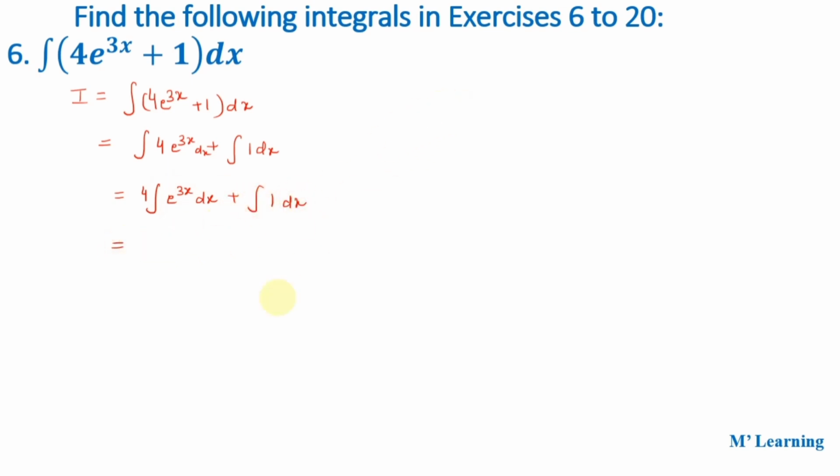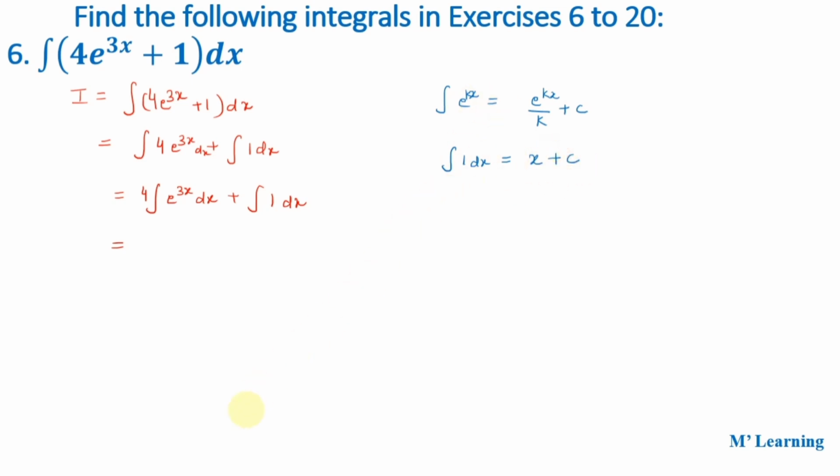Now we know that the integration of e to the power kx is e to the power kx by k plus c, and the integration of a constant number is x plus c.